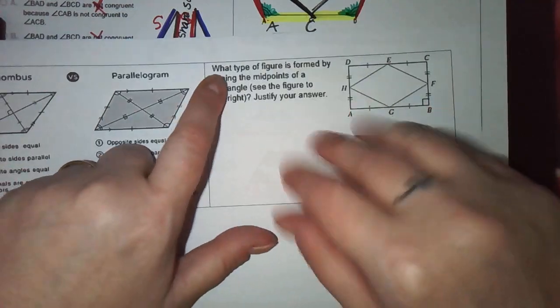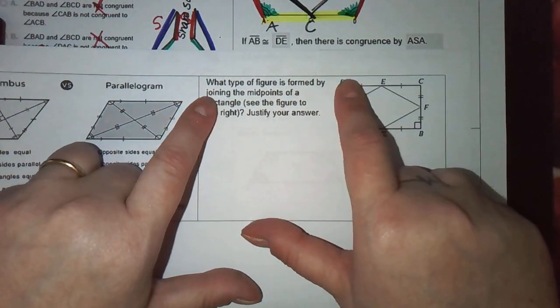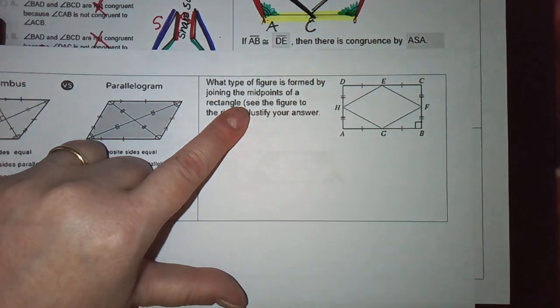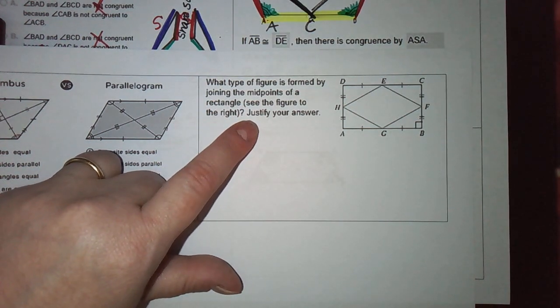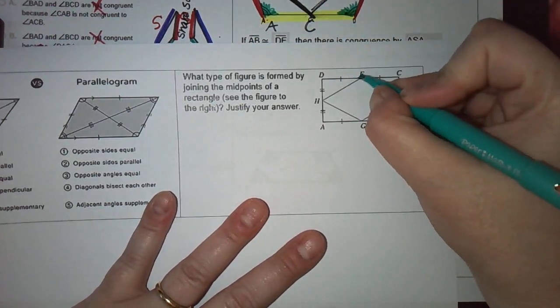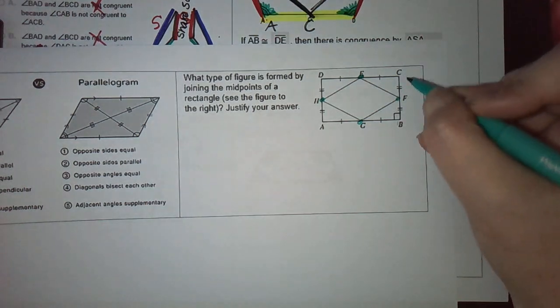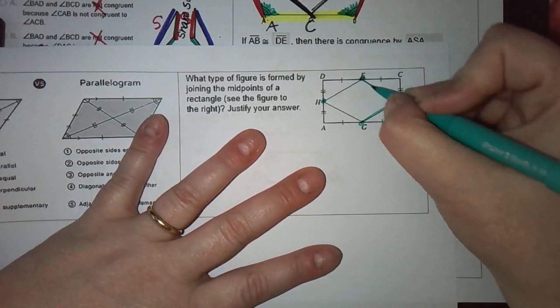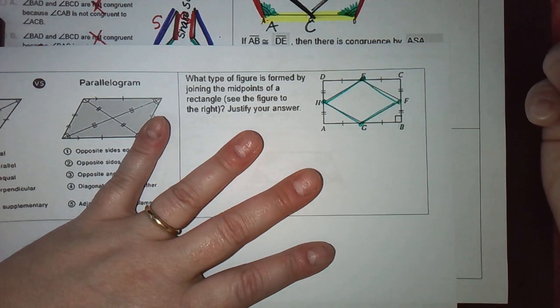It says, what type of figure is formed by joining the midpoints of a rectangle? See the figure to the right. Okay, so the midpoints of the rectangle are the middles of the sides, and it's asking, what picture do I make?